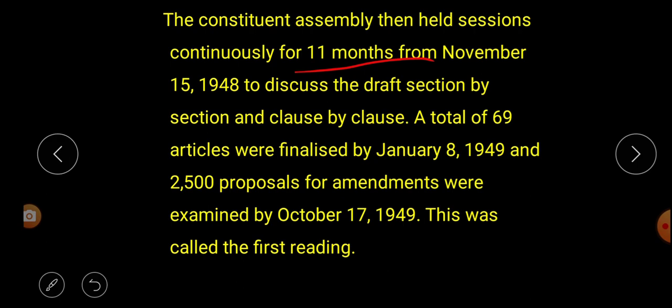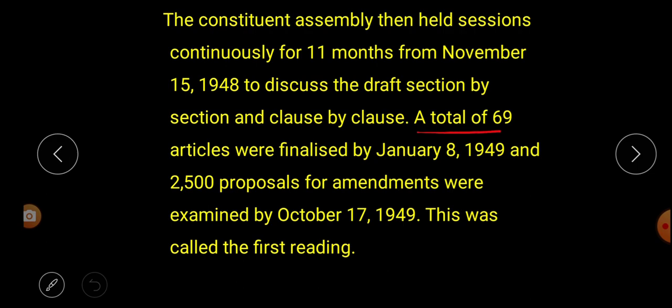From when? From November 15, 1948. Why were the sessions held? To discuss the draft, how? Section by section and clause by clause. That means to discuss the draft section by section and clause by clause, the Constituent Assembly held sessions continuously for 11 months, from November 15, 1948.